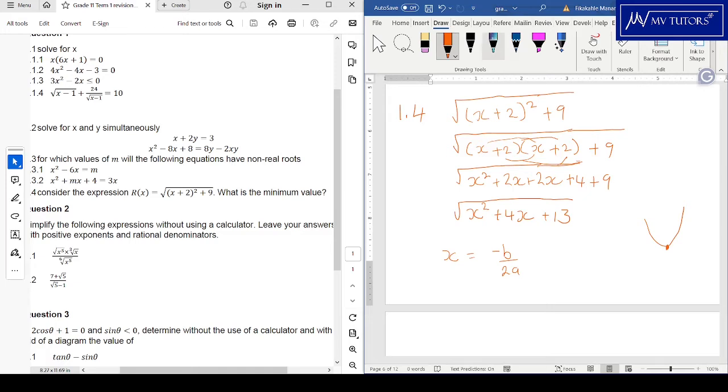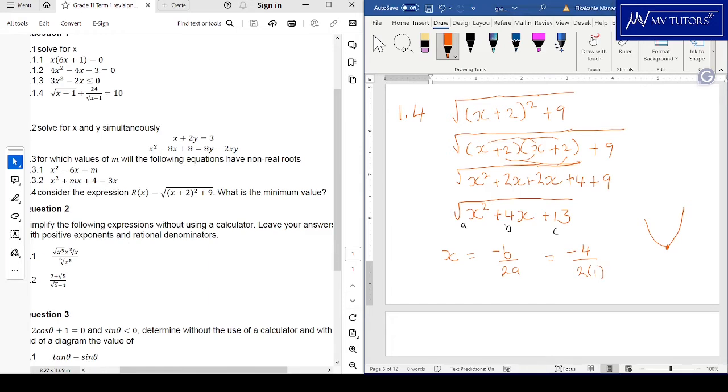Okay, so we need to identify a, b, and c again. That's a, that's b, and that's c. So when it comes to the values, I'm going to have minus b is 4 over 2 times a is 1.